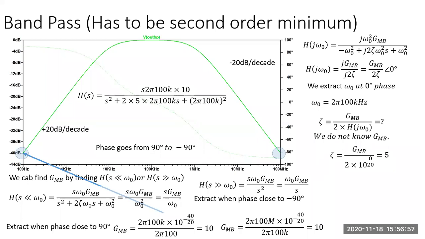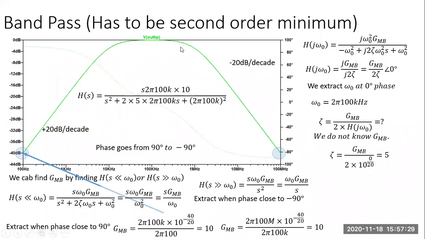Now, for the bandpass, it's not as straightforward. The phase goes from plus 90 down to minus 90, so you take the phase halfway through that, at 0, and that gives you omega naught.